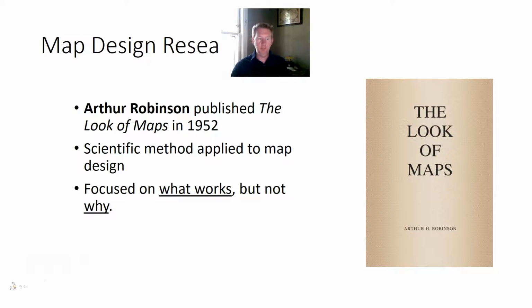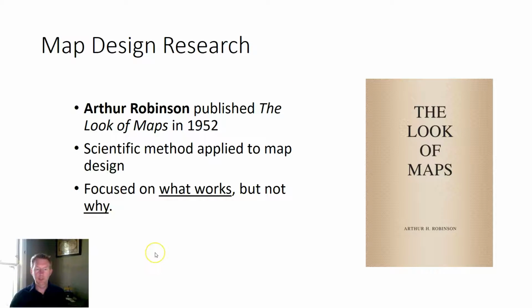So map design research has pretty long origins. One of the fathers of real map design research is Arthur Robinson, who was a researcher out of the University of Wisconsin-Madison, right next door. Famous program with one of the best, maybe the best cartography program in the United States.